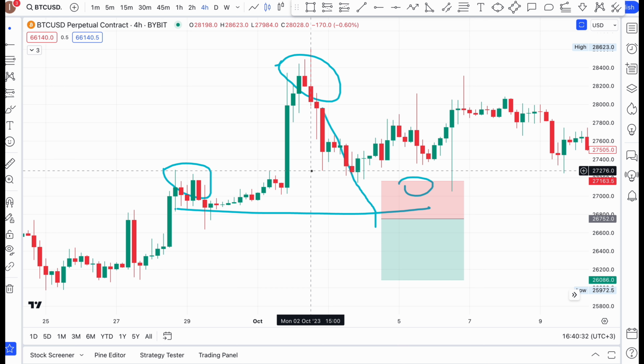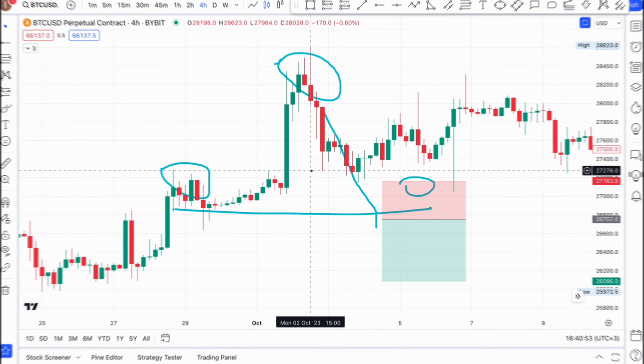It fails also. So that is why we need to follow the exact rule if we must trade this strategy. Please don't be tempted to enter the market just because you see that, okay, there's a potential head and shoulders pattern. No, wait for it to meet your confluences before you take the trade.